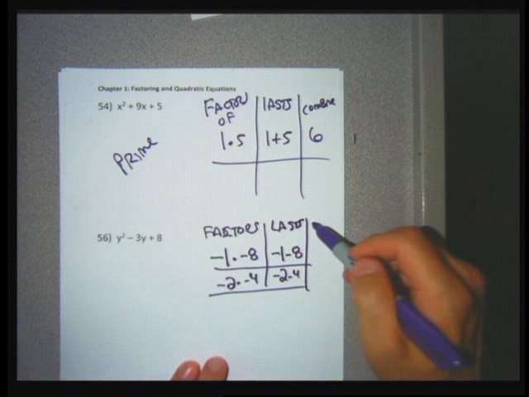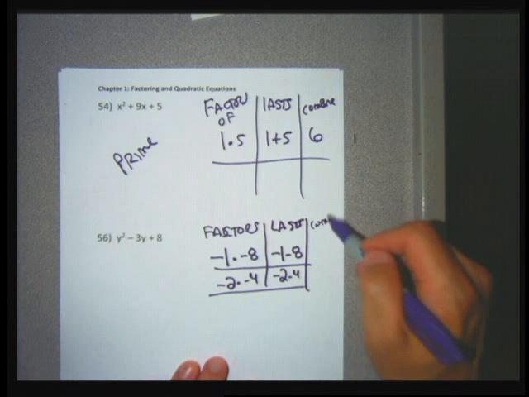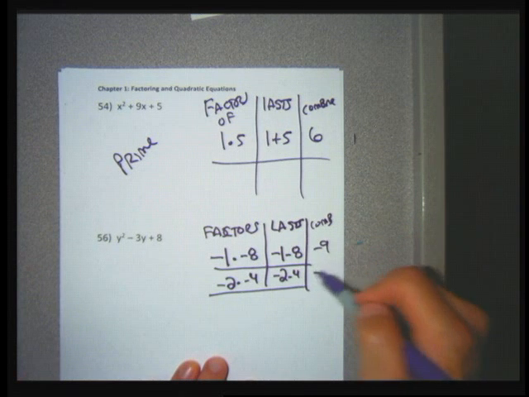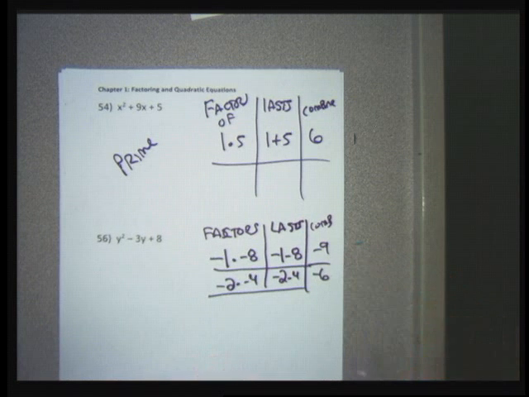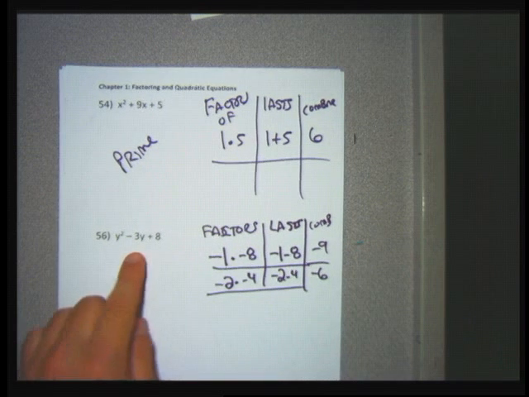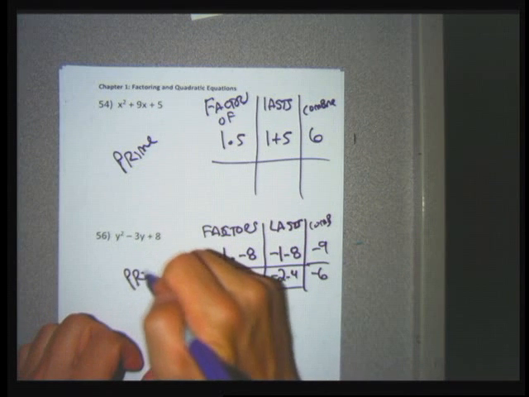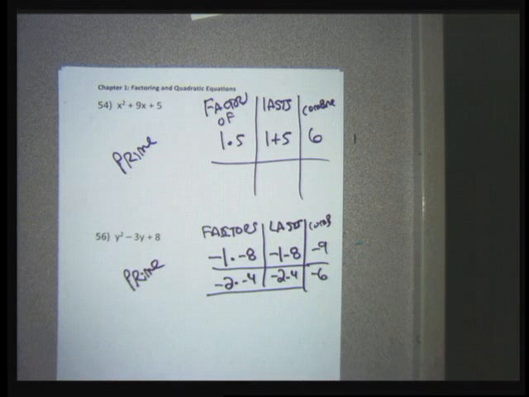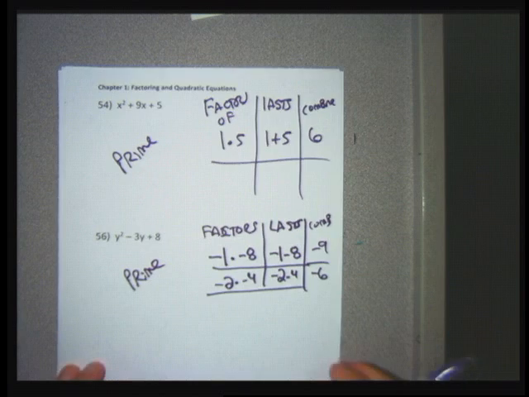When I combine these, because they have the same signs, I add them and keep the sign negative. The minus 1 and the minus 8 combines to be a minus 9. The minus 2 and the minus 4 combines to be minus 6. Trying to get minus 3, I can't figure out a way to get minus 3, so this whole thing is considered prime. There's no two parentheses that I could put down that would multiply out to be the original.